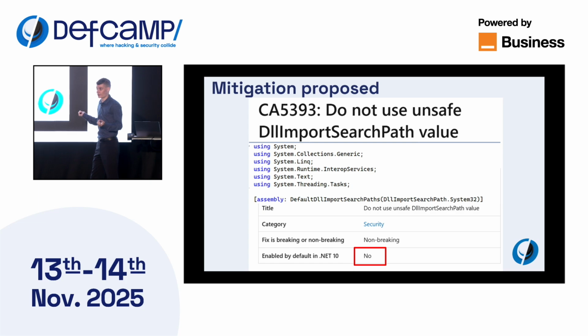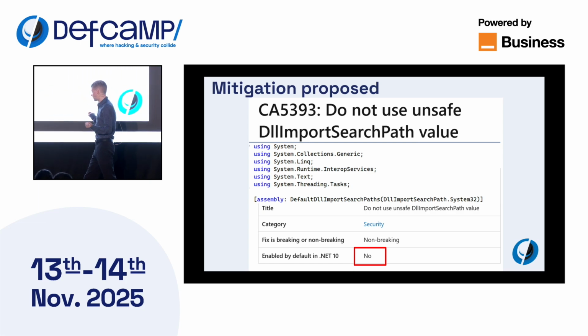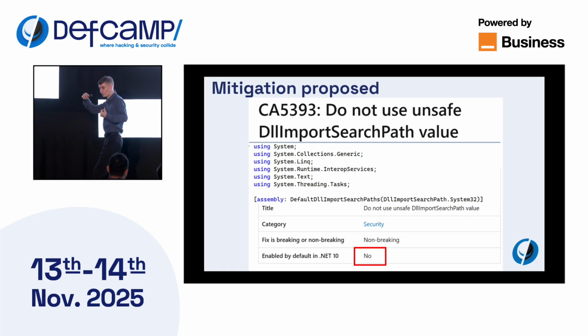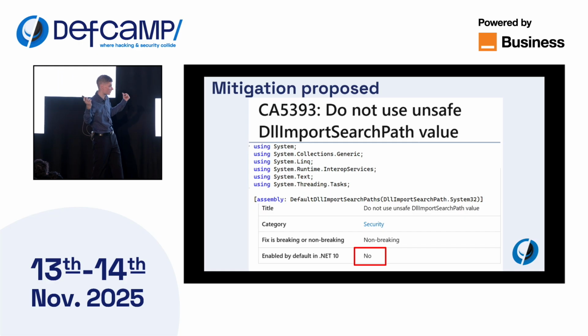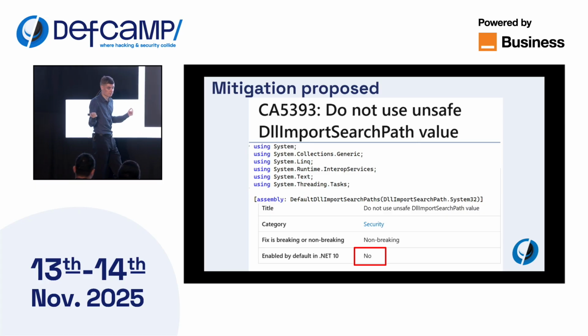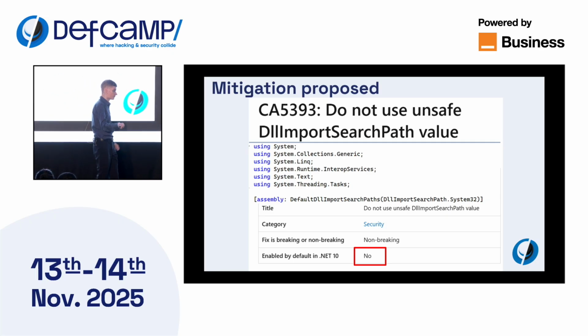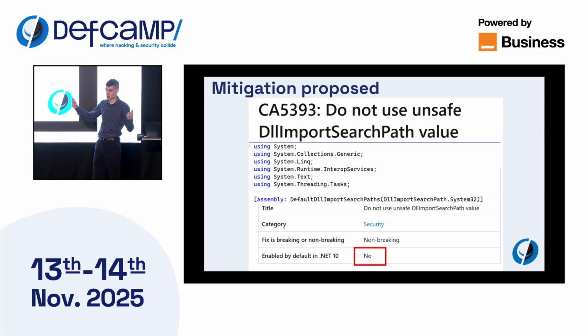But given this rule is not enabled by default, it's unlikely that many developers know about it. And I'll prove to you that almost no one knows about it. And this makes lots of .NET applications vulnerable to this kind of side-loading, abusable by APTs, with the tricks I showed you earlier.